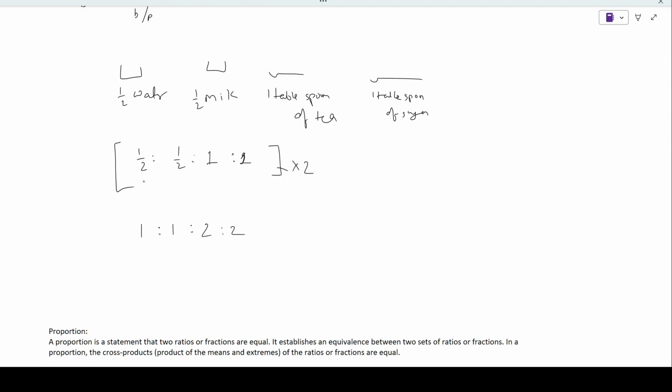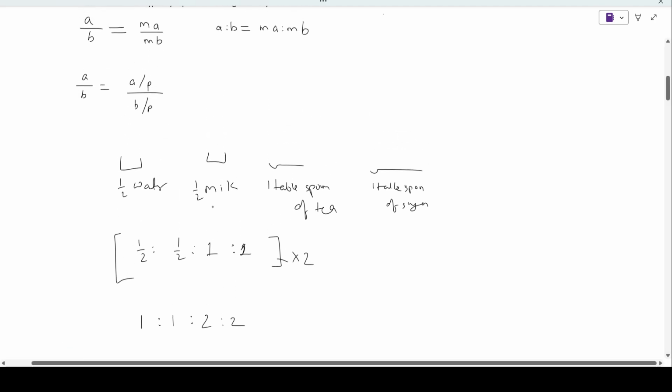If the milk was half, then water was half, and tablespoon of sugar and tea was 1 to 1. But when we wanted to make tea for two people, the ratio simply got multiplied by 2.